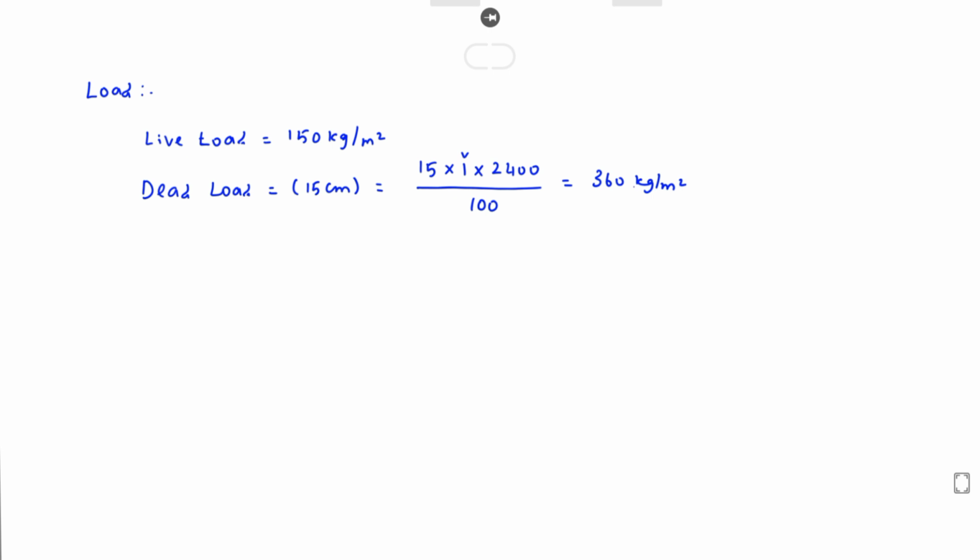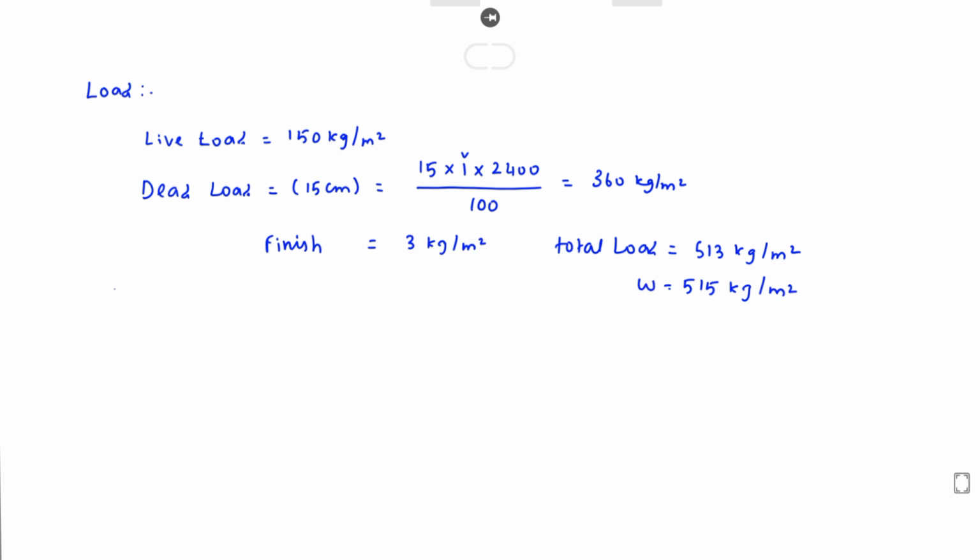Roof finish and floor finish: we can take a load of 3 kg per meter square. The total load equal to 513 kg per meter square. We can round off, so 515 kg per meter square. This is the W load value.